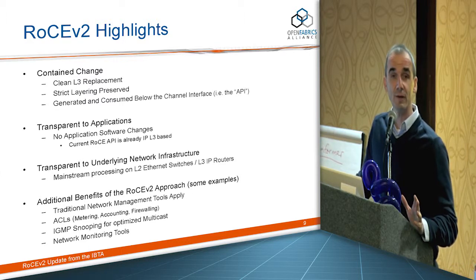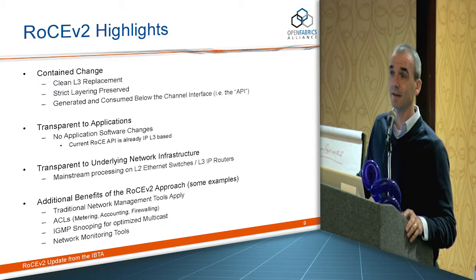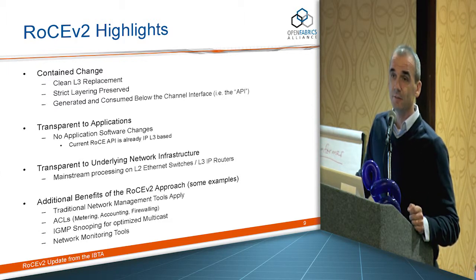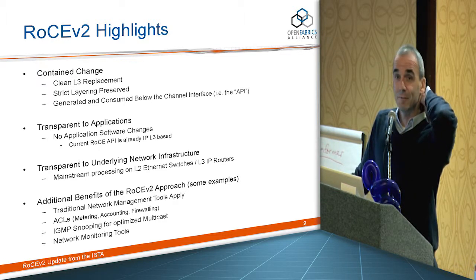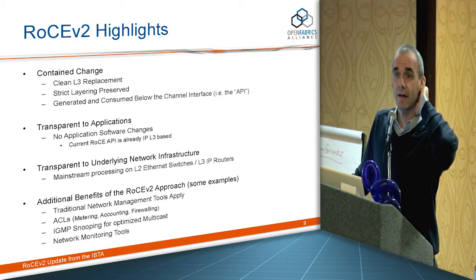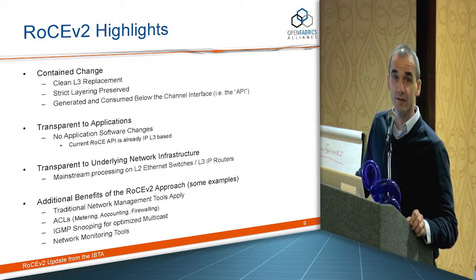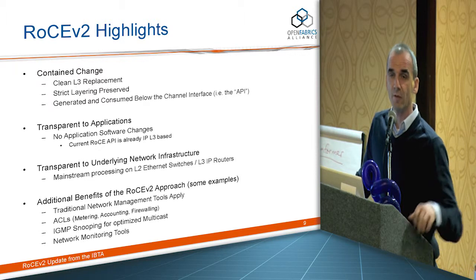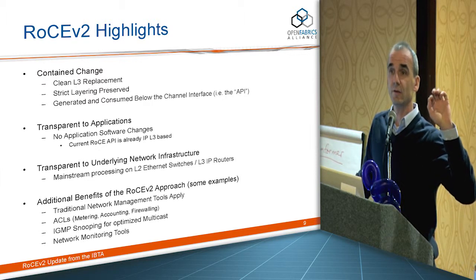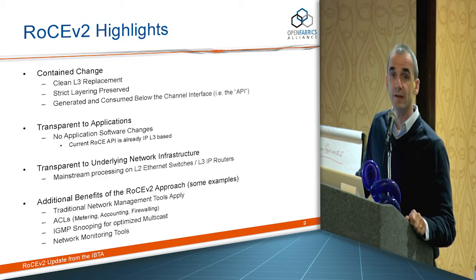So it is transparent to the applications because, as I said, the packets are not seen, but also because the APIs, as they exist today, are IP-based no matter what. The APIs, even for InfiniBand network, when there is no Ethernet, are IP-based through the RDMA-CM. So an application that is written today using RDMA-CM APIs can run seamlessly over any of the three alternatives that I showed: InfiniBand, RoCEv1, or RoCEv2.